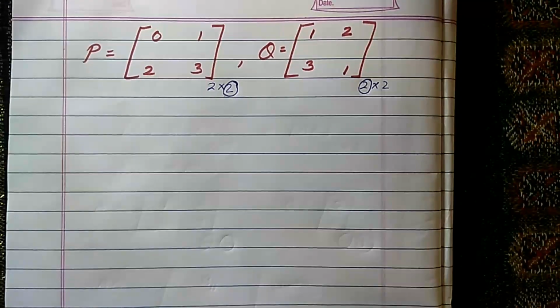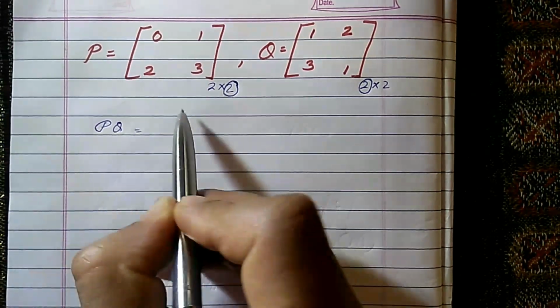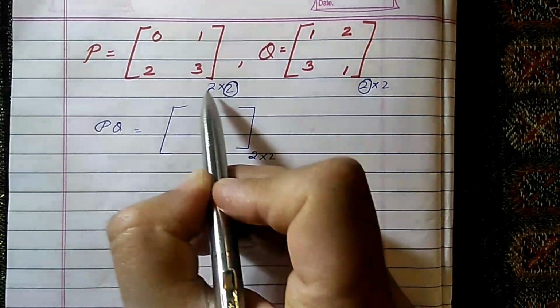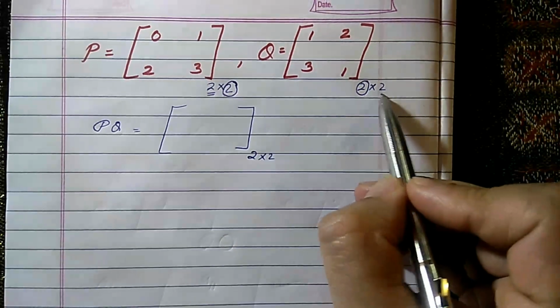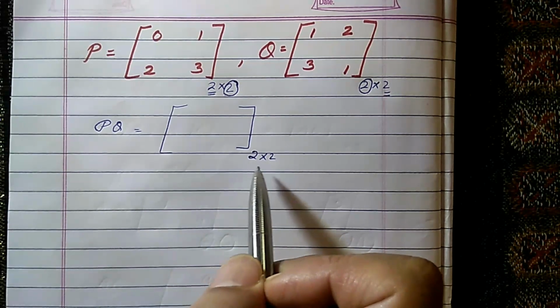So they are compatible, and the resultant matrix PQ will have the order 2 by 2 because the number of rows in P is 2 and the number of columns in Q is 2. This means that any two square matrices of the same order are always compatible for multiplication, and the resultant matrix will also have the same order as the square matrices.